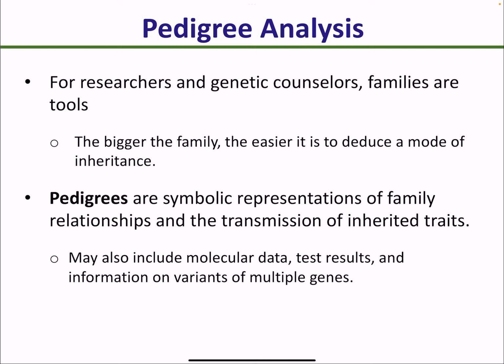All right, how about a pedigree? A pedigree is going to provide tremendous information to researchers and to geneticists. That's why whenever you go to see a geneticist, they're going to ask you, okay, well, do you have diabetes?